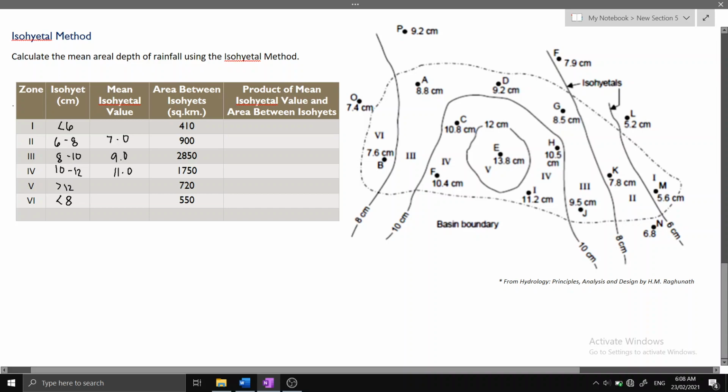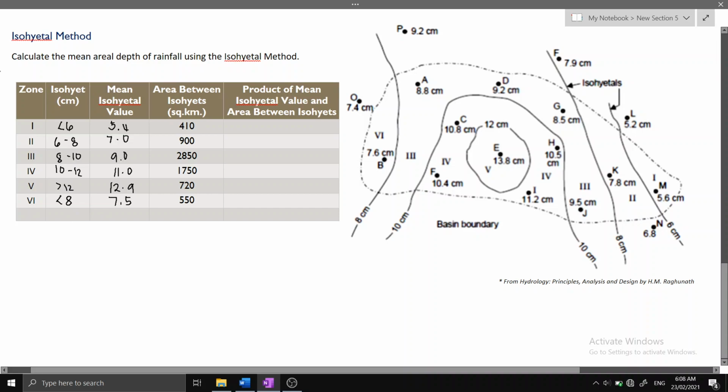So we have 5.4 for zone 1. We have 12.9 for zone 5, and we have 7.5 for zone 6.